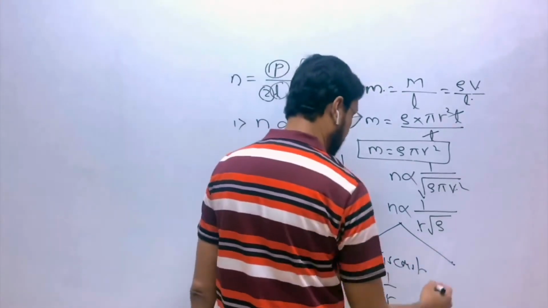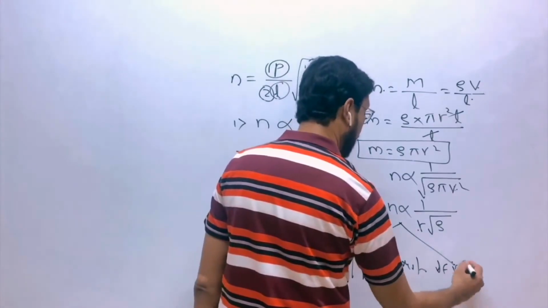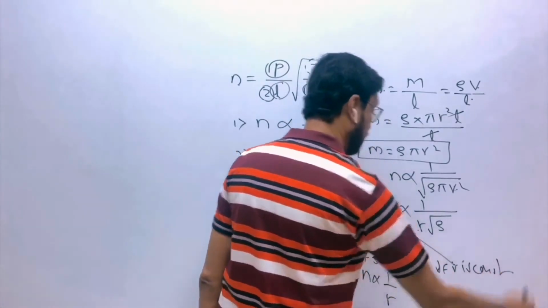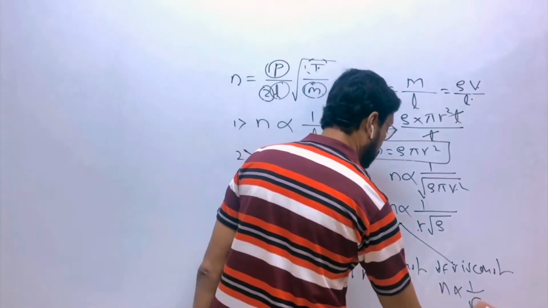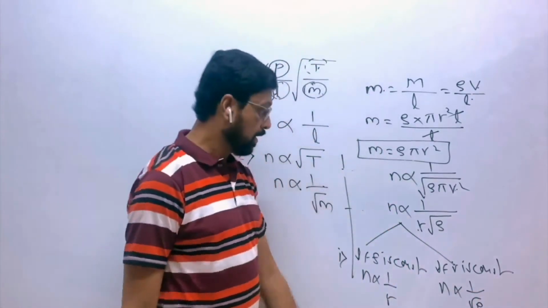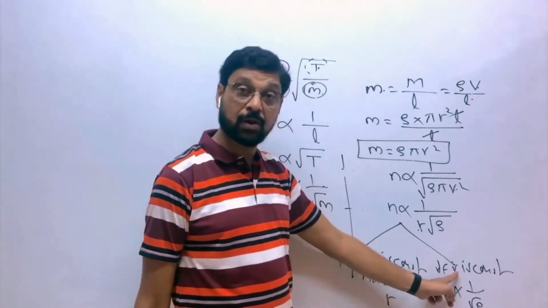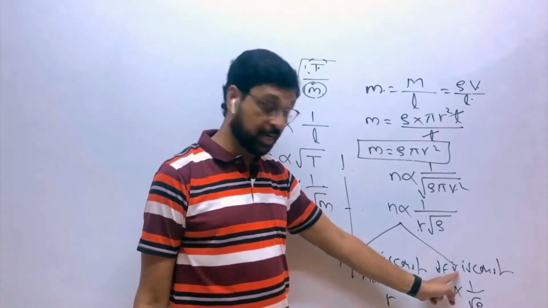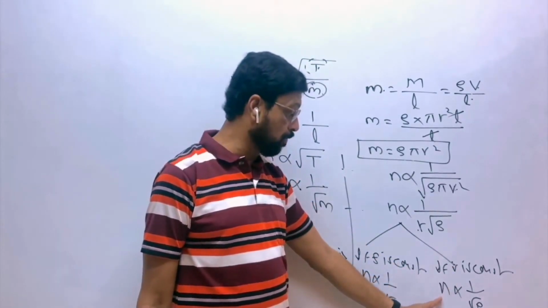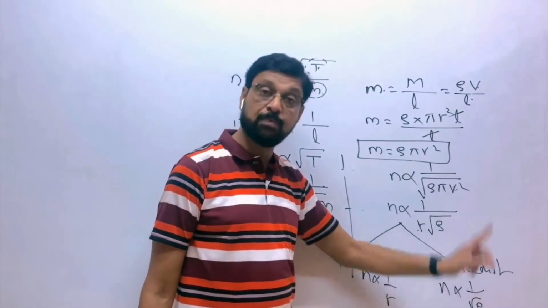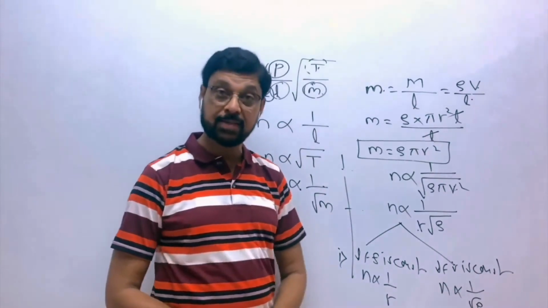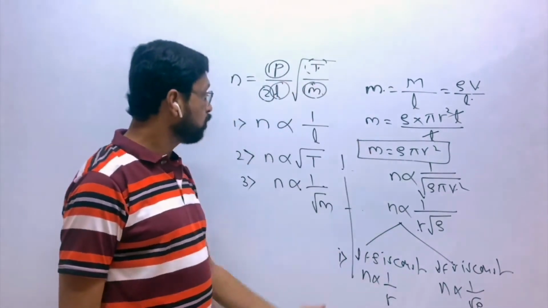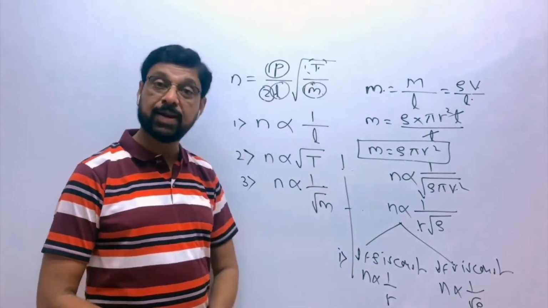And the second statement, if r is constant, then n is inversely proportional to root rho. If radius of cross section of the string is kept constant, then the frequency of vibration is inversely proportional to the square root of its density. So these are called laws of vibrating strings.